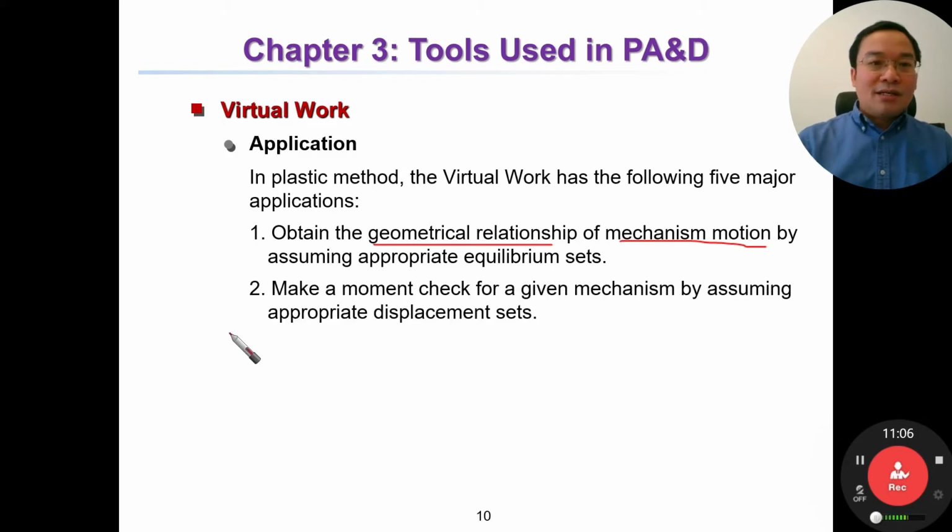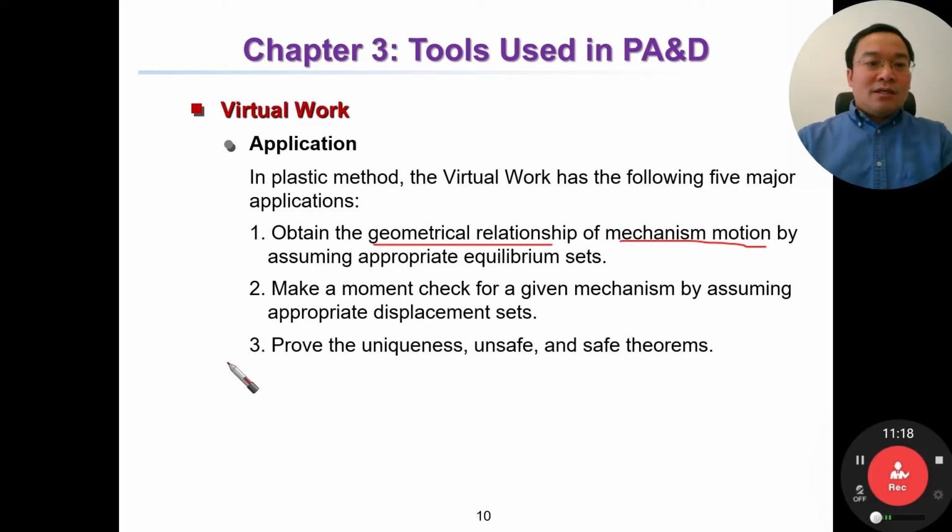The second is that waterwork can be used to make a moment check for a given mechanism by assuming appropriate displacement set. The third application of waterwork is to prove the uniqueness of safe, unsafe, and safe theorem.